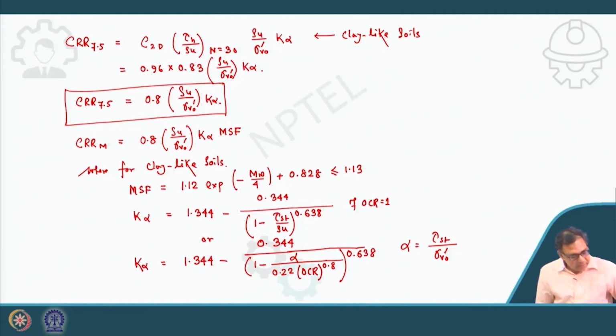Now I have to calculate the CSR. How will I calculate the CSR? The CSR calculation is the same as the previous case that I have discussed.